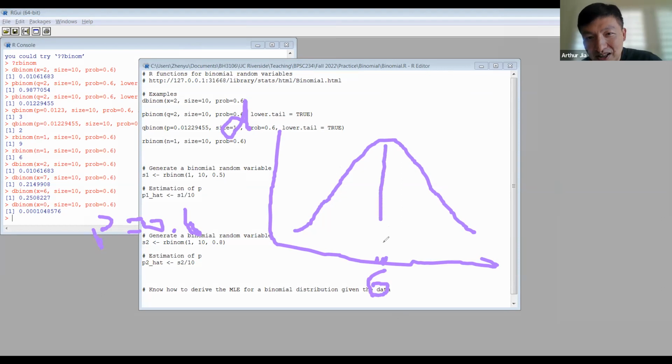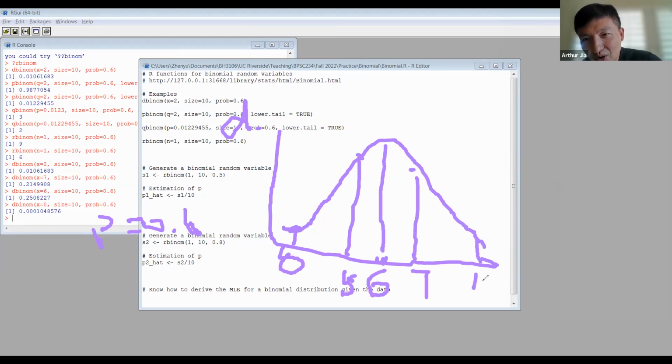The density will be high. But for 5 heads or 7 heads, you get lower, right? And so on. If you see 0 heads, the probability is very low. So this is the probability density function. If you see all heads, also very low, right? Do you agree with this?